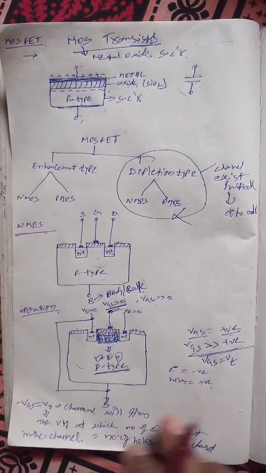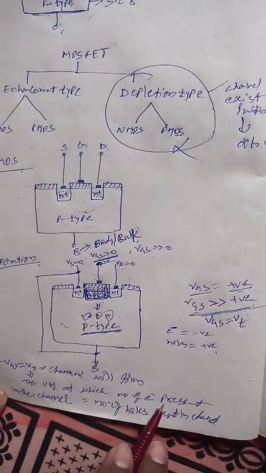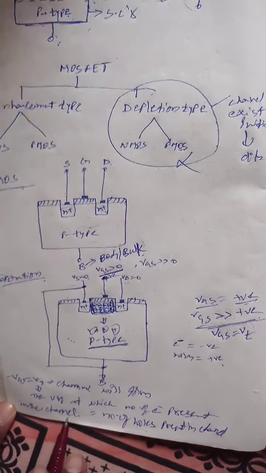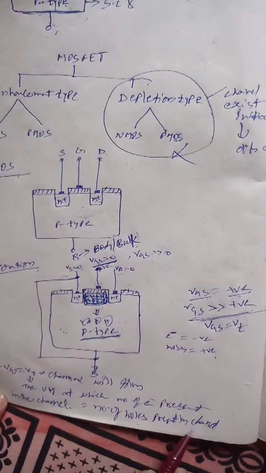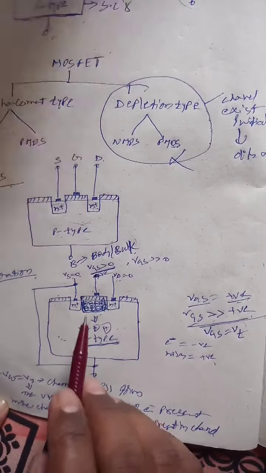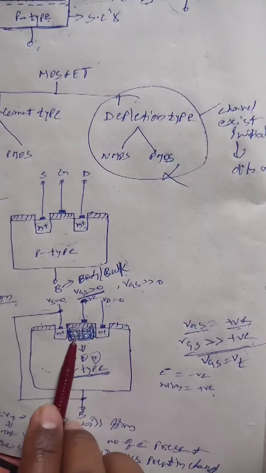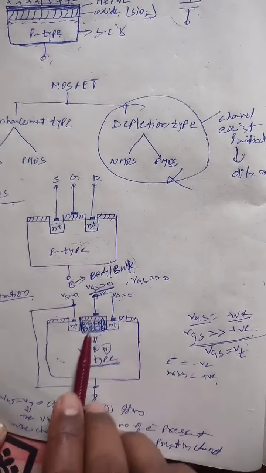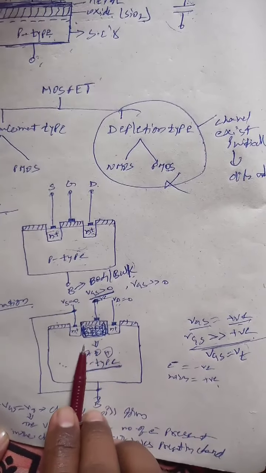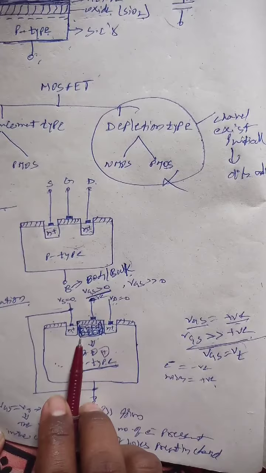What is meant by threshold voltage? Here I had written, you can see. The voltage at which the number of electrons present in the channel is equal to the number of holes present in the channel. When they are both equal, then we can say that that voltage is called the threshold voltage.